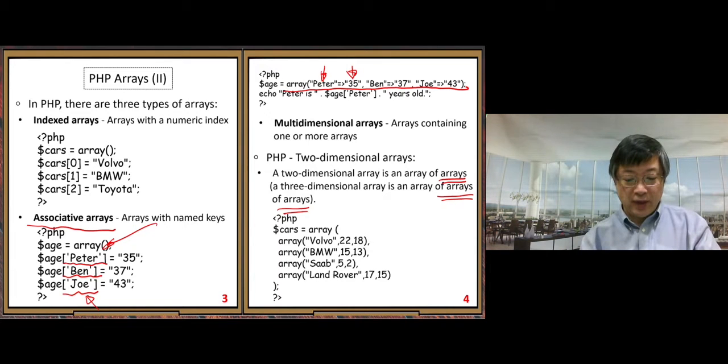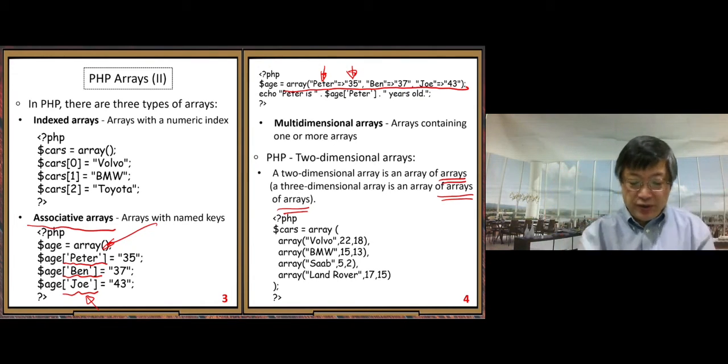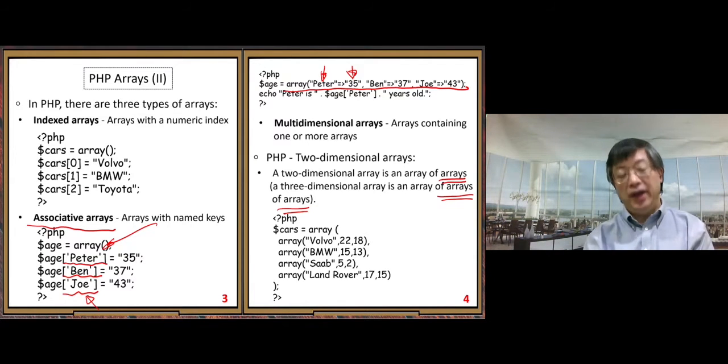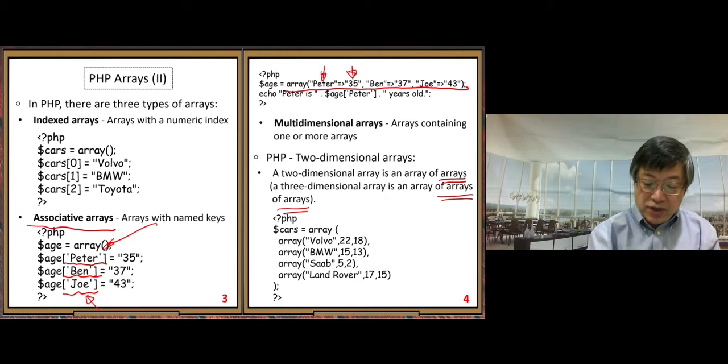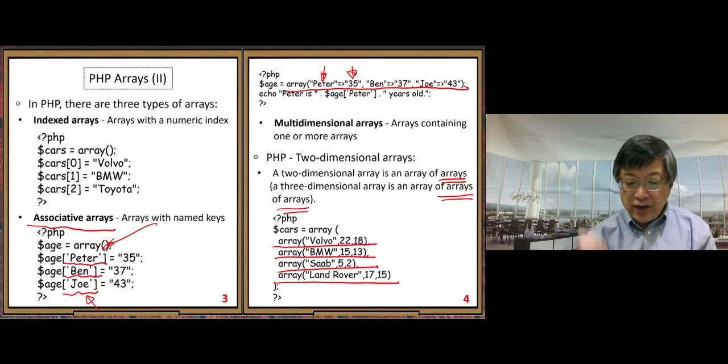Here is an example. We create a 2D array. You can see each element is another array.